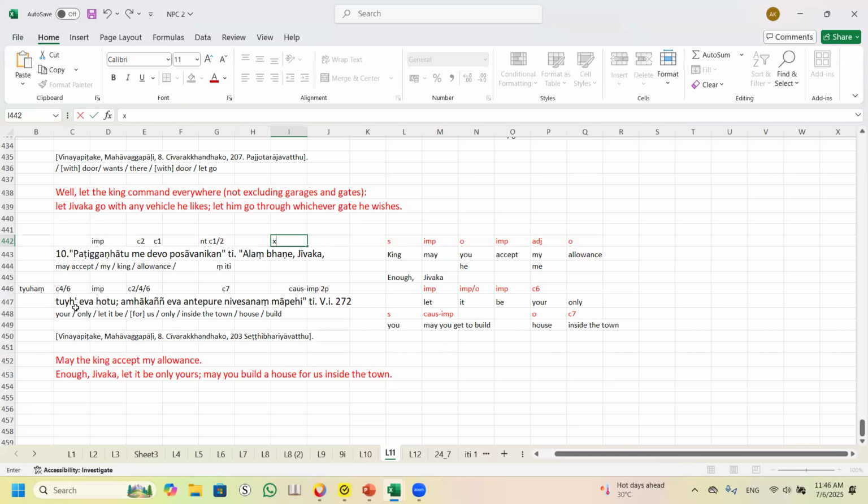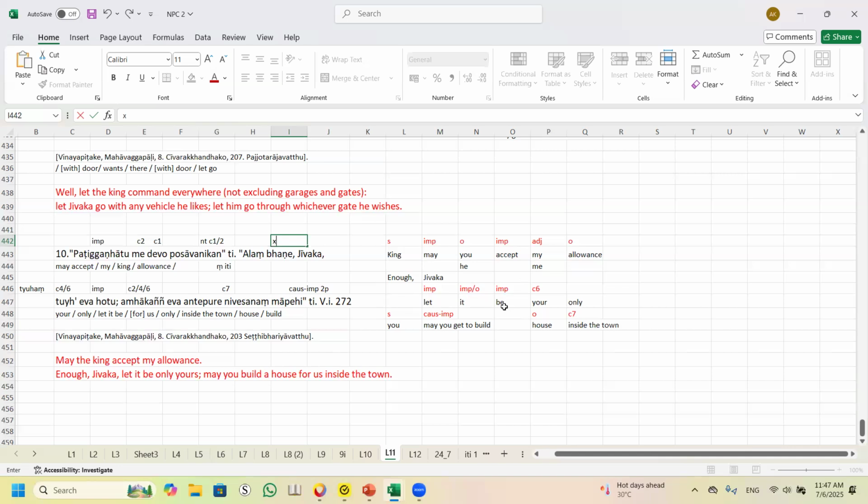Okay, this one is here, I already put it here. This one is tuyhaṃ. Can you see the r and the m gone? Tuyhaṃ means yours, it's either dative or genitive. Then followed by this. In this case, this is a verb. Let it be, imperative.